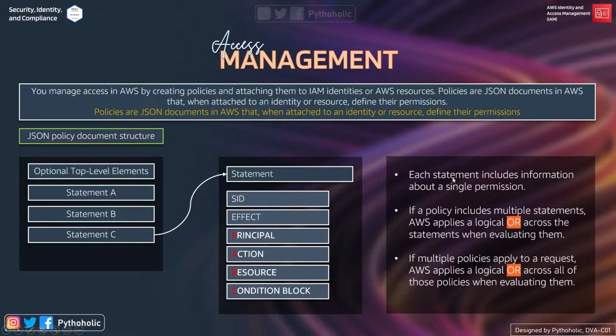As I've already told you, each statement includes information about a single permission, whether it is allow or deny.